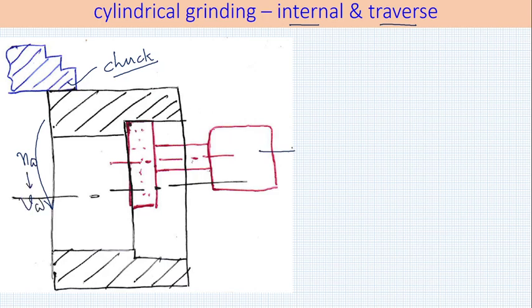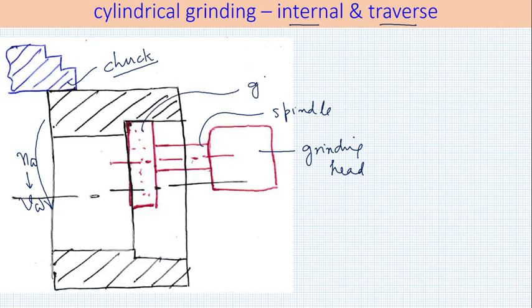This is the grinding head, this is the spindle, and this is your grinding wheel. This spindle is rotating with NS, giving rise to the grinding speed VS.